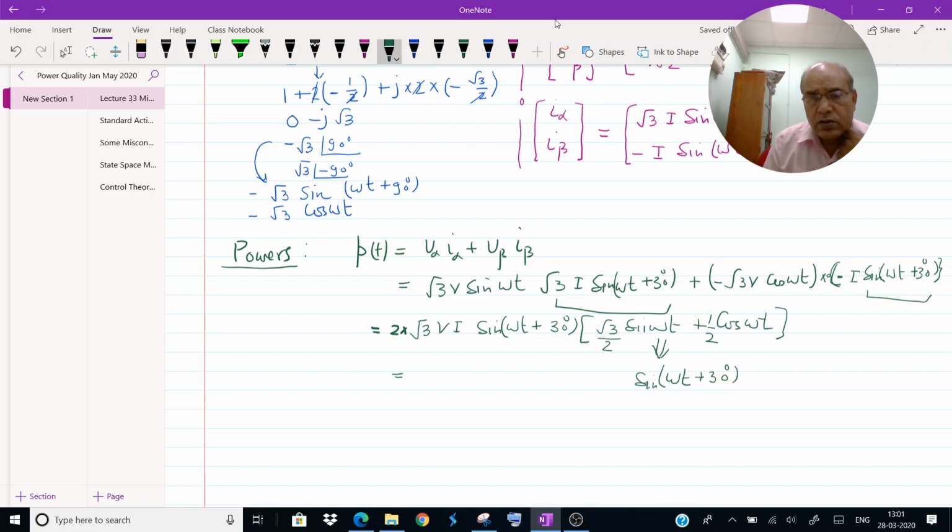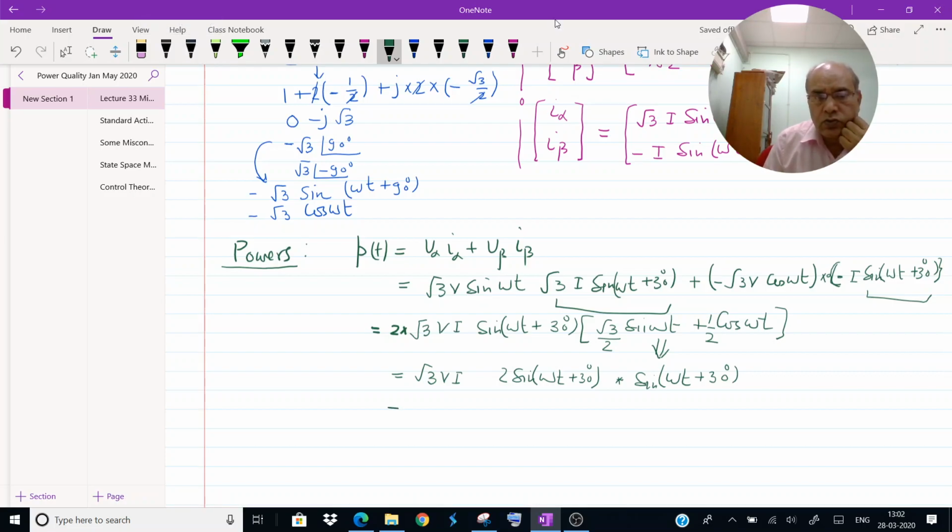Okay, so that means that we now have root 3 bi into 2 sine omega t plus 30 degree into this, which means it is the square, basically 2 sine square omega t plus 30. Okay, so I can remove this.